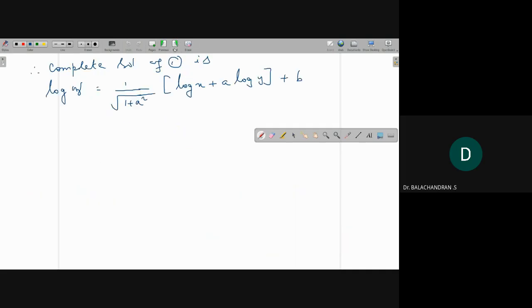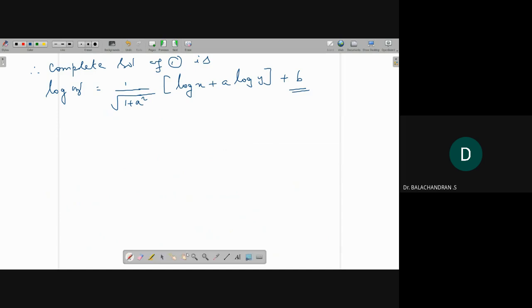Okay, that's all. So this is the complete solution of equation 1, the given problem 1.